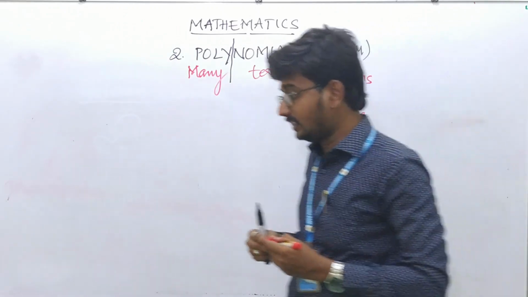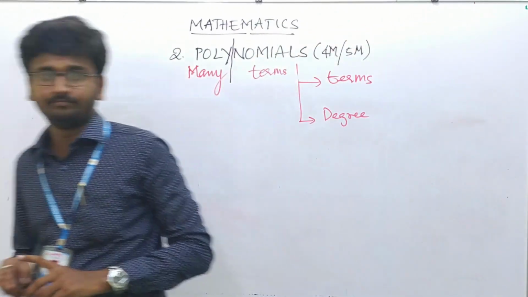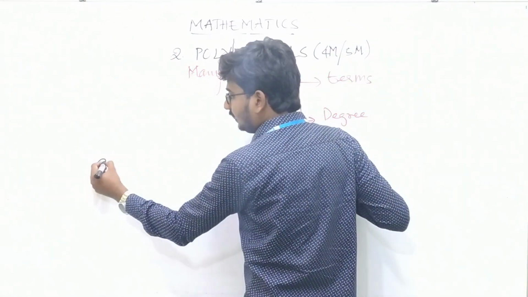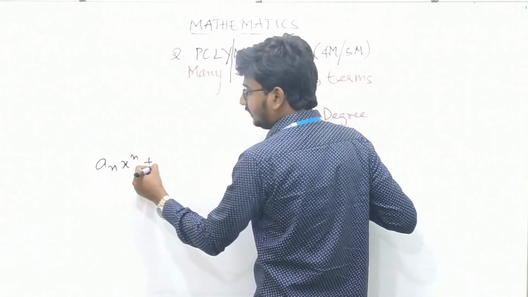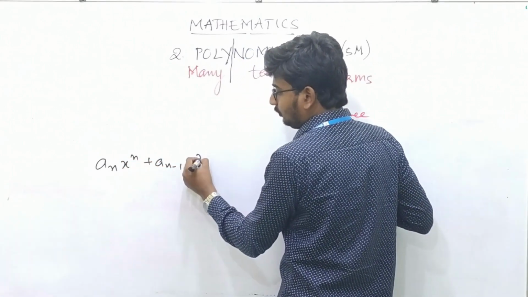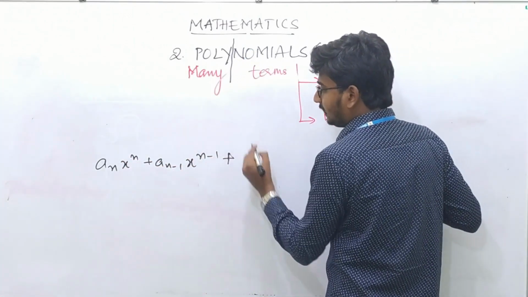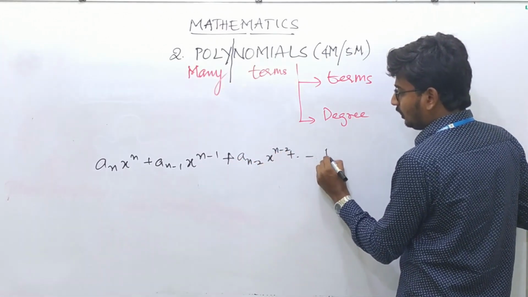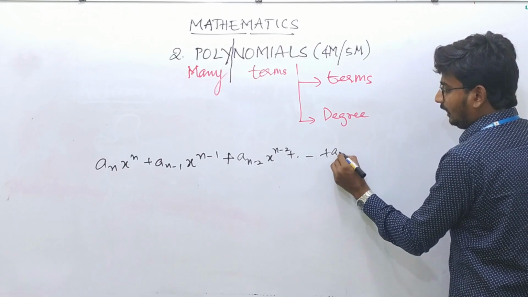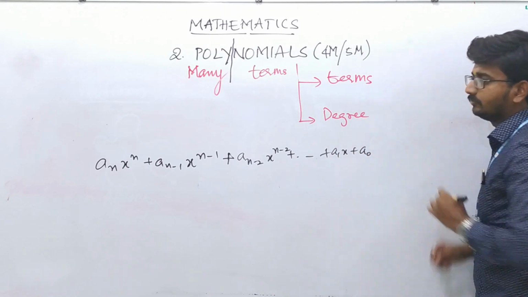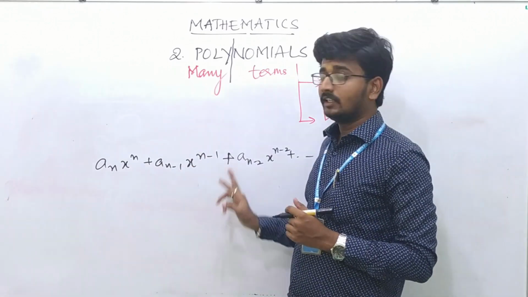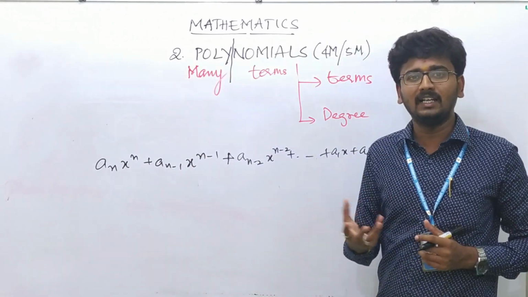Now, what is the standard form of a polynomial? You studied last year: a_n x to the power n, plus a_(n-1) x to the power n minus 1, plus a_(n-2) x to the power n minus 2, and so on up to a_1 x plus a_0. Whenever it is asked in exams, many of you find it difficult to remember, and some learn it by heart.